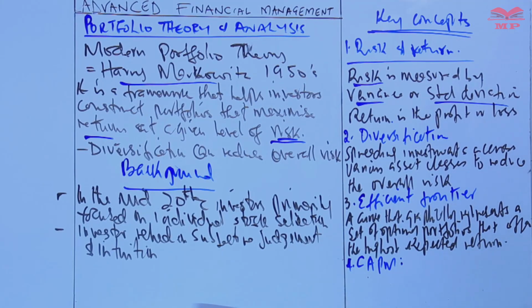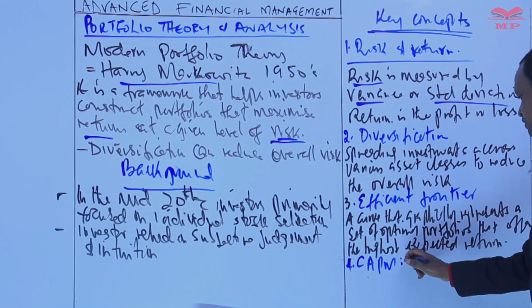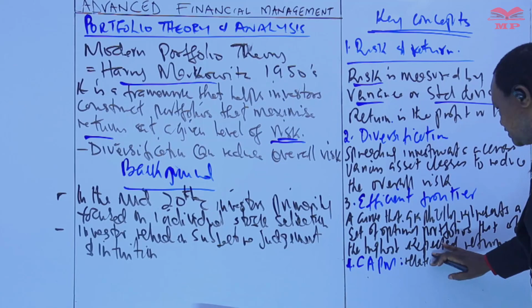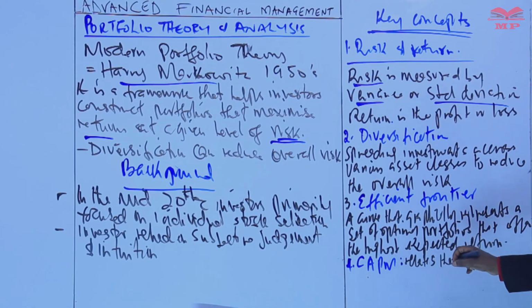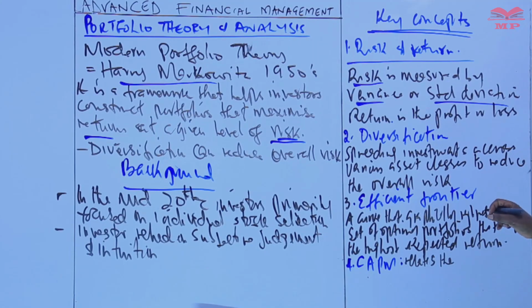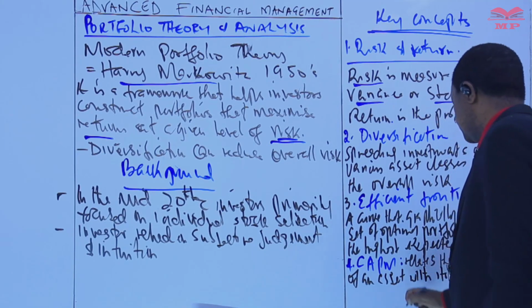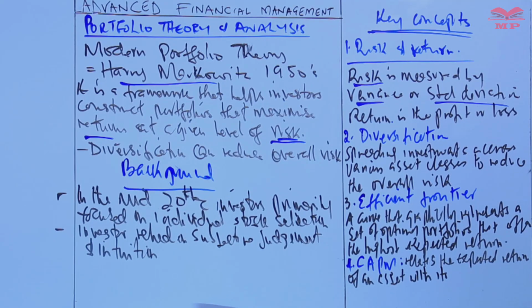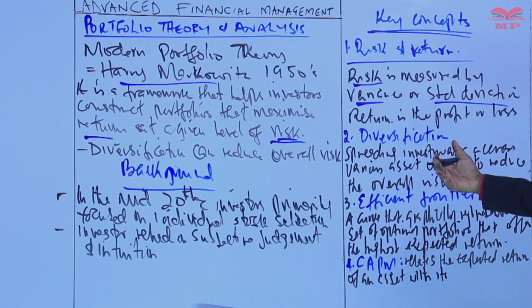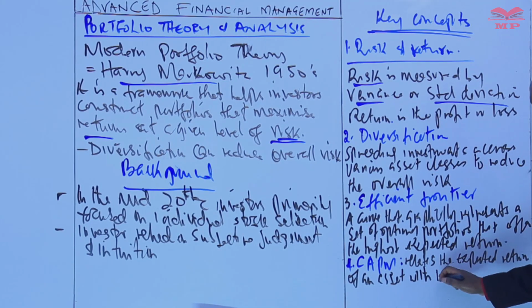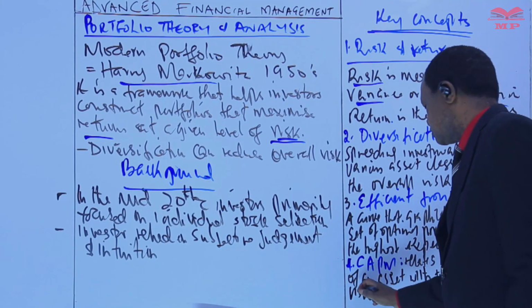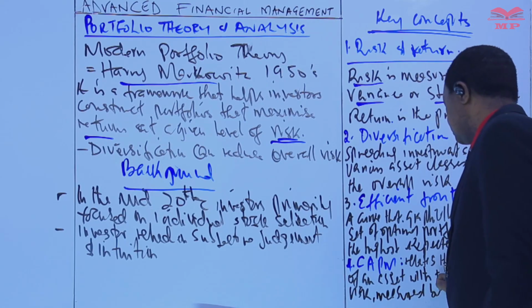CAPM is a model that relates the expected return of an asset to its systematic risk, measured by beta.